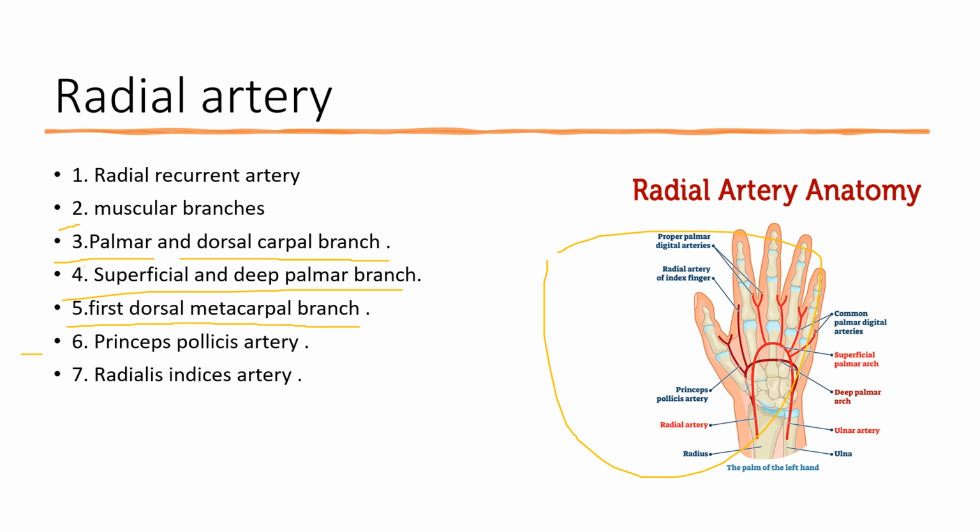Then princeps pollicis artery and the radialis indicis artery. So you can see in this diagram, this is the princeps pollicis artery, and this is the radial artery of the index finger.